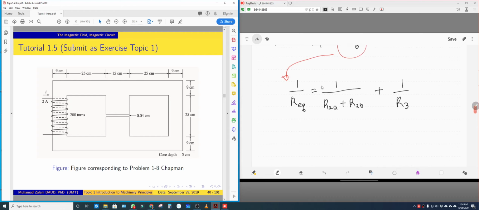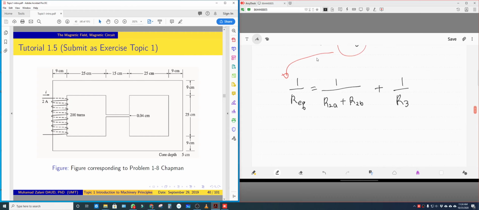Then further expand this, which is R3 plus R2A plus R2B.